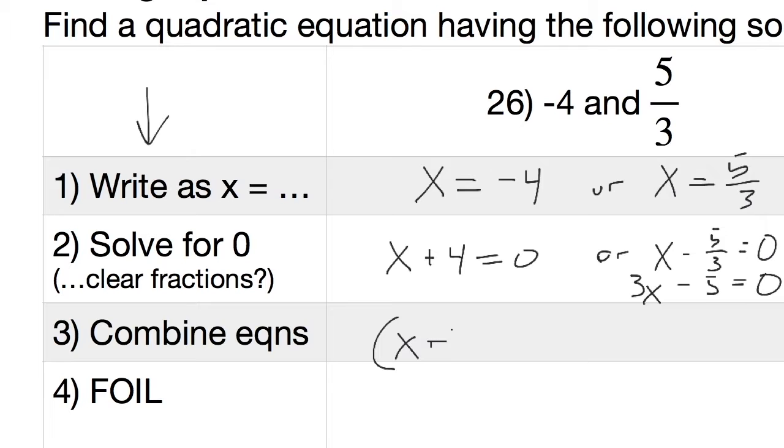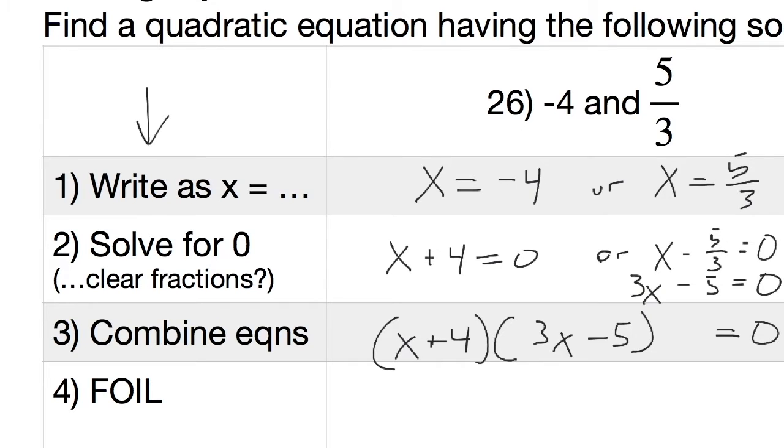x plus 4 times 3x minus 5 equals 0. Now remember, we normally see this in the opposite order. Normally we're given this and we split it up and solve to get two solutions. But now we're working backwards, and instead of splitting up equations, we're combining them.